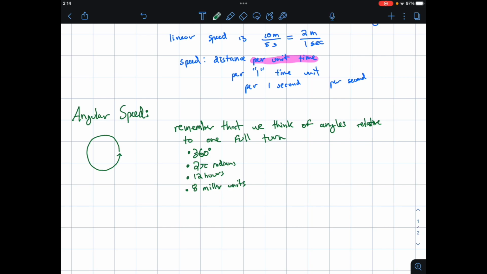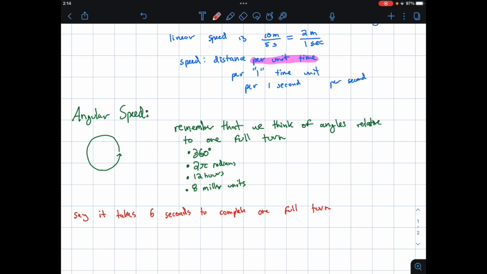Let's say it takes 6 seconds to complete 1 full turn. So I take my pencil and I say this took me 6 seconds to make it all the way around in 1 full turn.